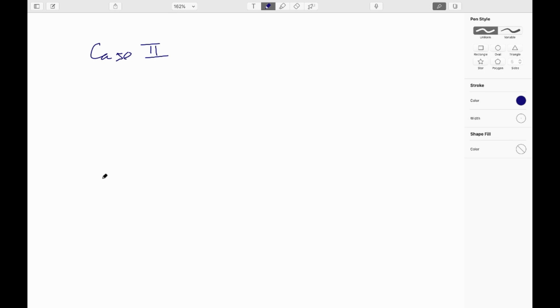One way would be, say, if your film happens to have a lower index than the surroundings. So if this is N1, N2 is less than N1, and N3 is greater than N2. So in a case like that, we'll still have our incident ray coming in. Some of it will pass through.